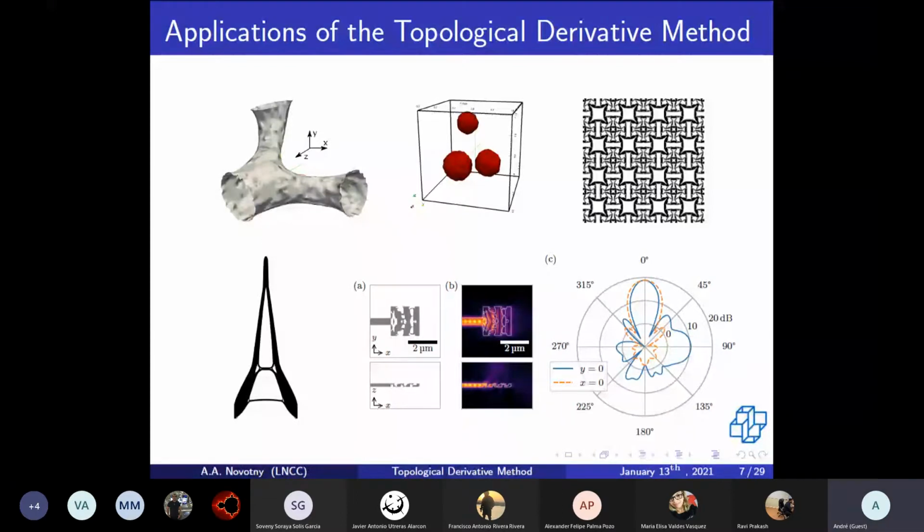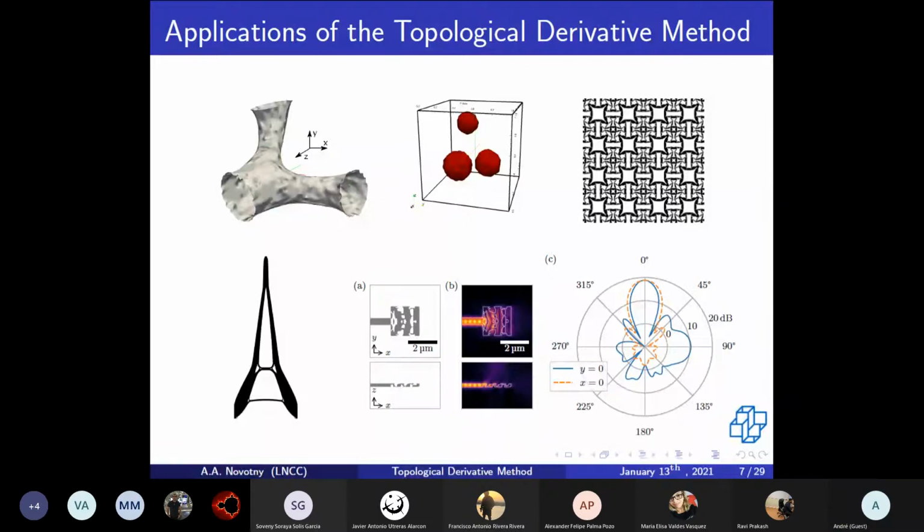Here is an example on inverse gravity problem, where these small balls are hidden objects inside the Earth that we reconstruct through some measurement of the potential on the surface of the Earth.